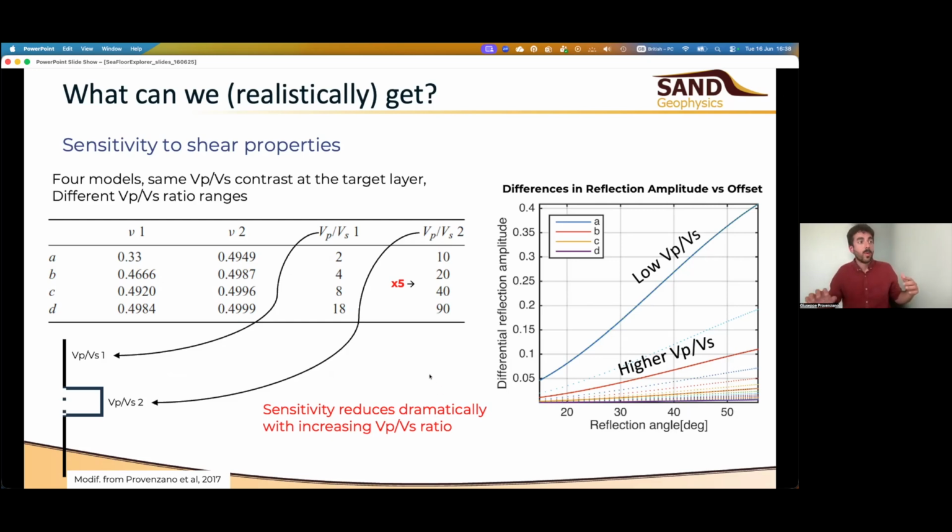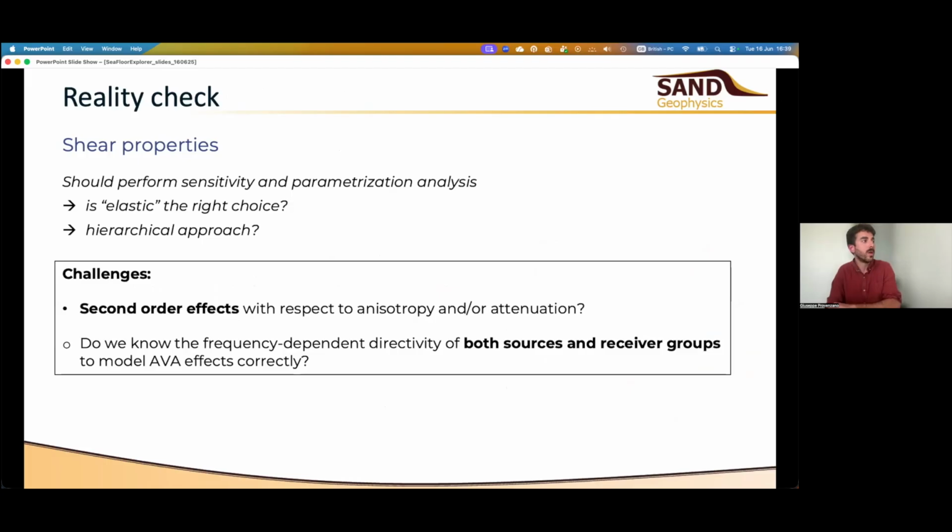So we have to be aware of that. It doesn't mean it's impossible, but when downscaling FWI technology to shallow geological studies, the properties of the sediments change, and therefore your parameter sensitivity will also change.